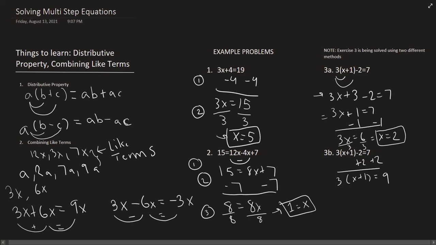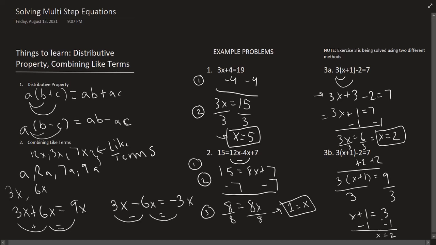You can cancel out this 3 being multiplied by x plus 1 by using the division property of equality. If we divide both sides by 3, we have x plus 1 is equal to 3, right? Yeah, 3. Then we can use the subtraction property of equality to cancel out this addition of 1 here. If you do minus 1 on both sides, we will get x is equal to 2.